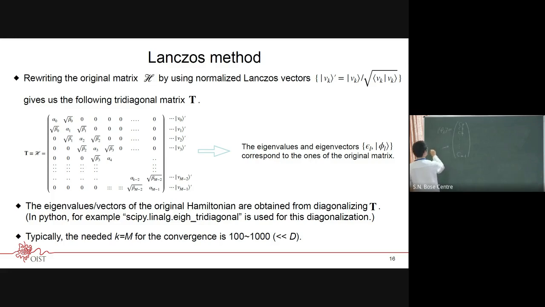This is an n-dimensional vector. To compute, for example, an expectation value using the wave function, we should rewrite this eigenstate in the Sz basis. Here we have the normalized Lanczos vectors, v_0 prime, v_1 prime, up to v_{n-1} prime.